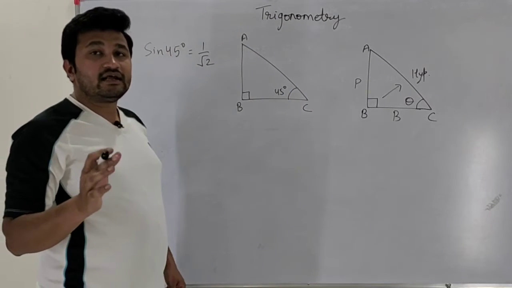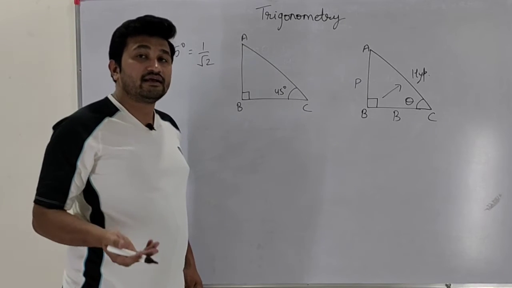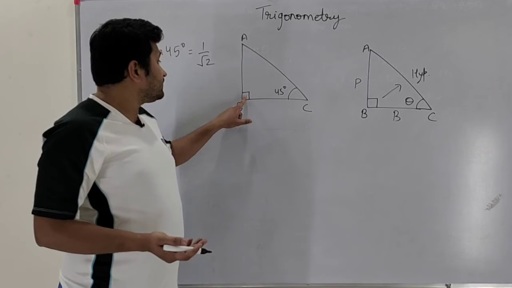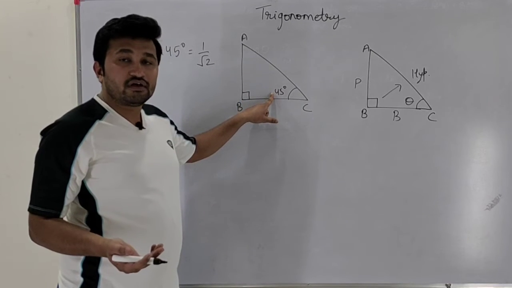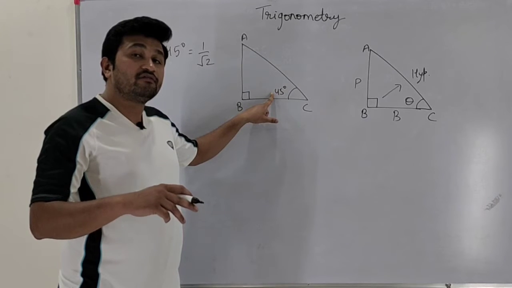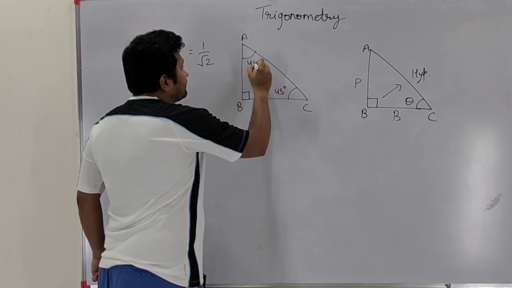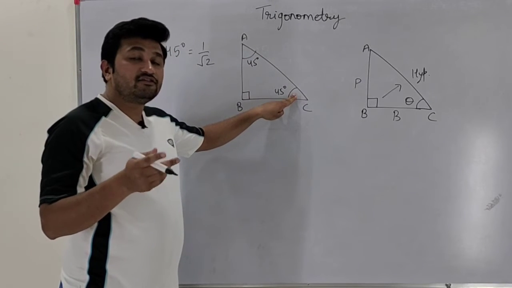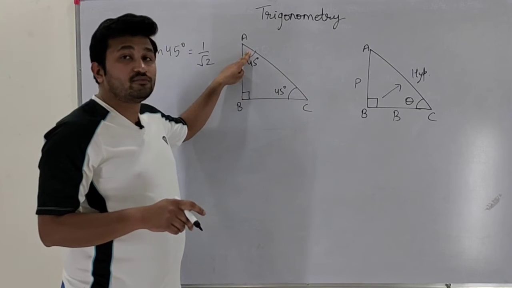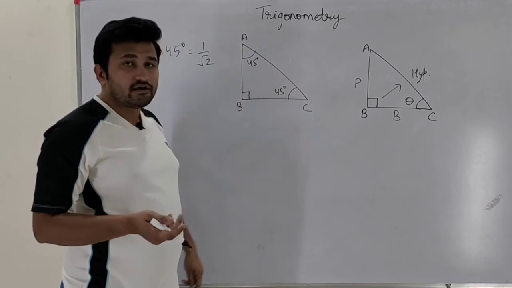As we know, in any triangle the sum of three angles equals 180 degree. This is 90 degree, this is 45 degree. So 90 plus 45 is 135 degree, and when we subtract 135 from 180, we get 45 degree. So I am considering theta as 45 degree, and this third angle is also 45 degree, because 45 plus 45 is 90, 90 plus 90 is 180.